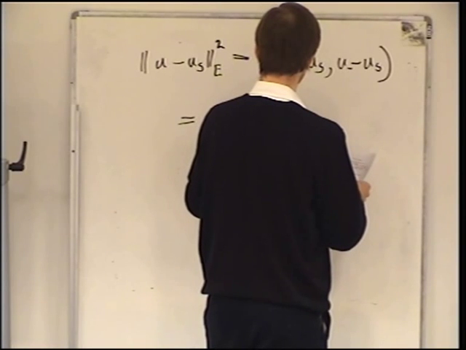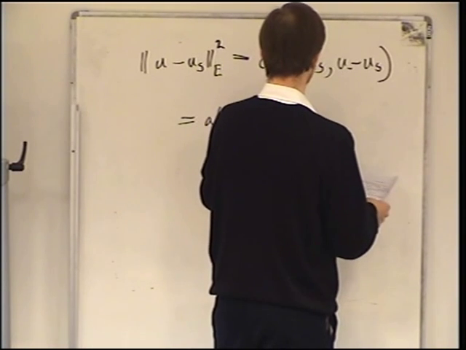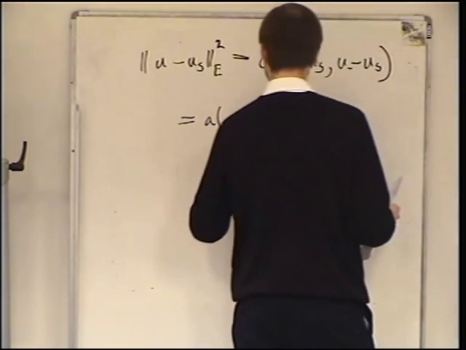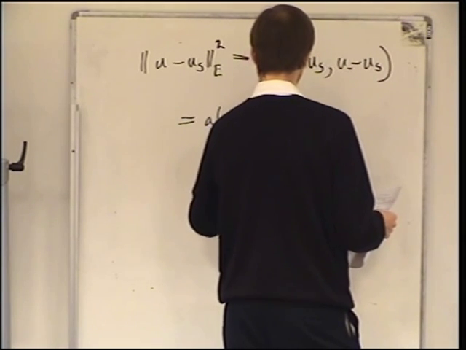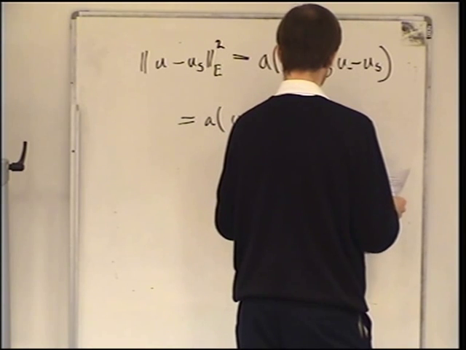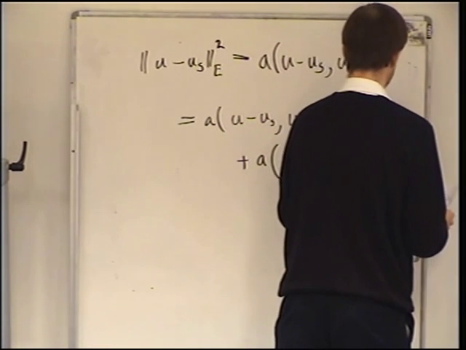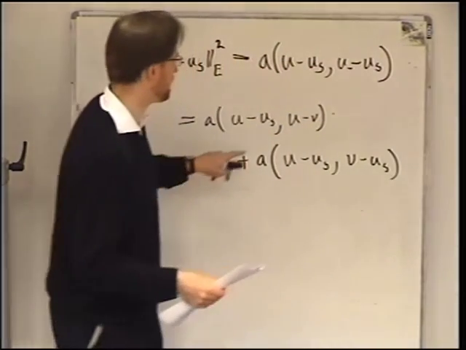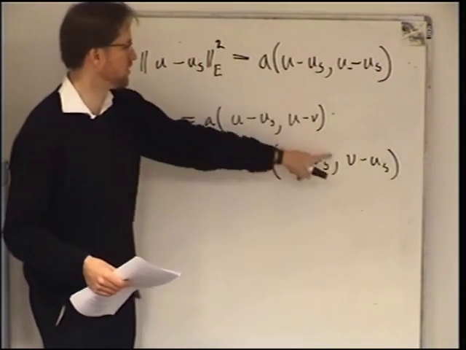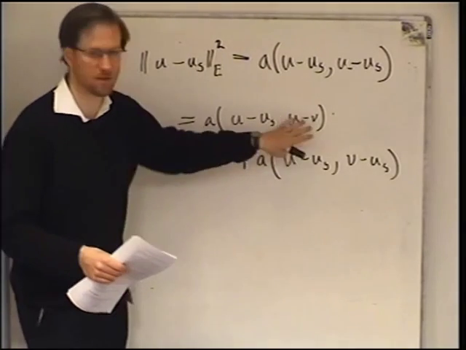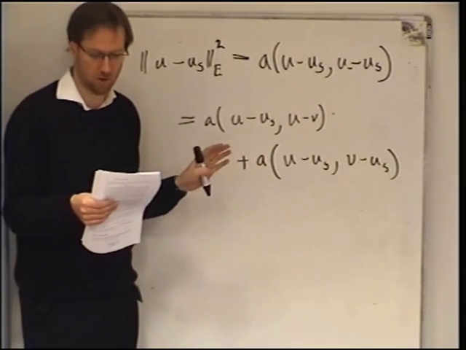So a(u minus u_s, u minus v) plus a(u minus u_s, v minus u_s). I've done nothing there, because if I add those two back together, those two v's cancel and I get u minus u_s back again. Just because this is linear in that argument, that's a nothing operation.